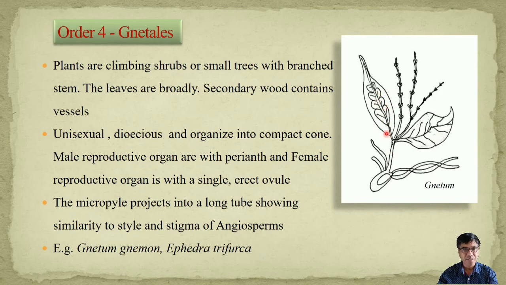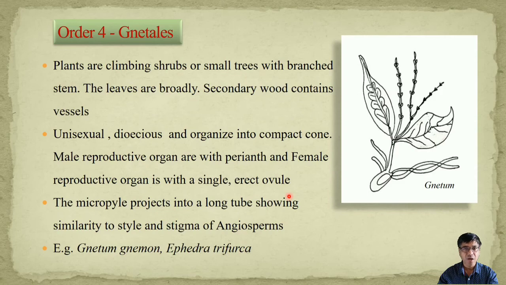Vessels are present in the secondary wood. Reproductive organs are unisexual, dioecious except Gnetum, and organized into a compact cone or strobilus.